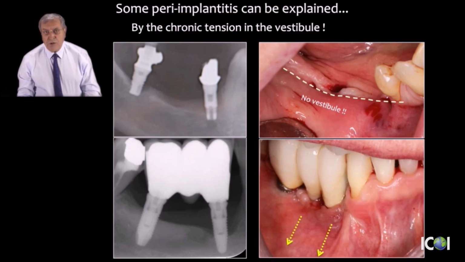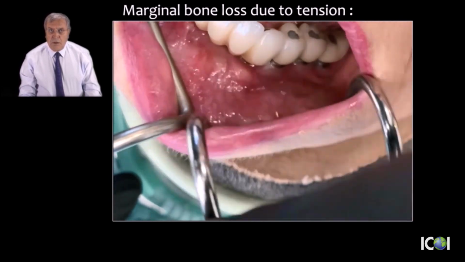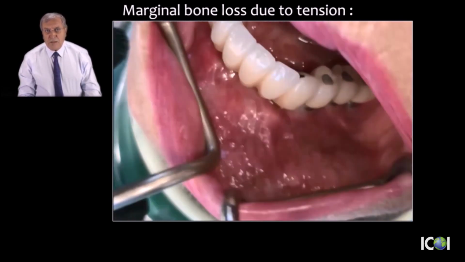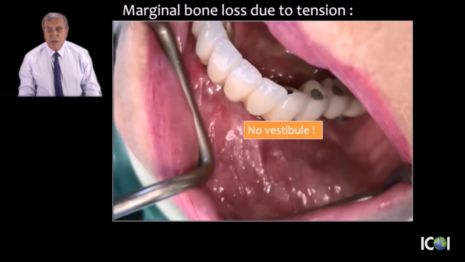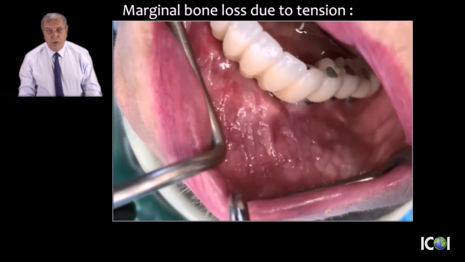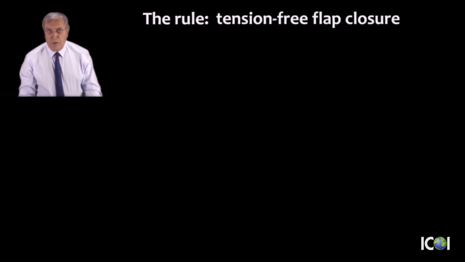When you have a chronic tension, you know that the bone is falling under oxidative stress. Look at this case. We are starting to lose the marginal bone. Why? Because there is no vestibule. And when you have no vestibule, it's sure that you will lose the bone.